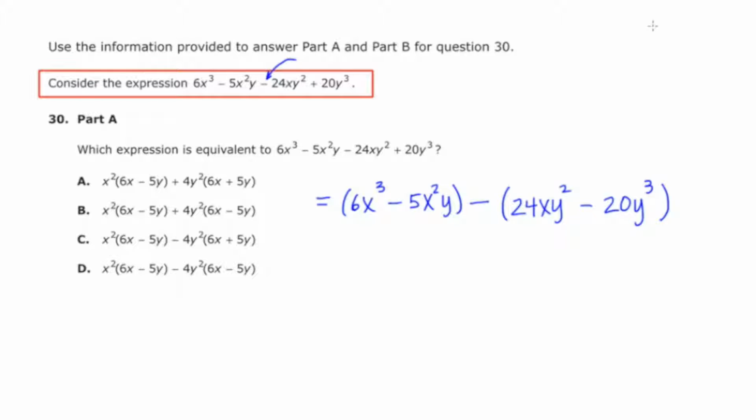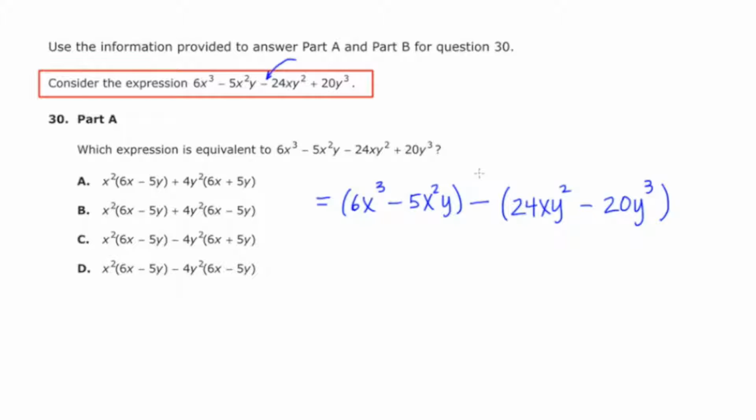Okay, so in this first step, I've grouped the first two things together and I've grouped the last two things together. And because the third term was preceded by a negative, what I needed to do is extract that negative from the two terms that came after it. So this is where students, I think, often get hung up. You've got to take out or divide both the third and the fourth term by a negative.